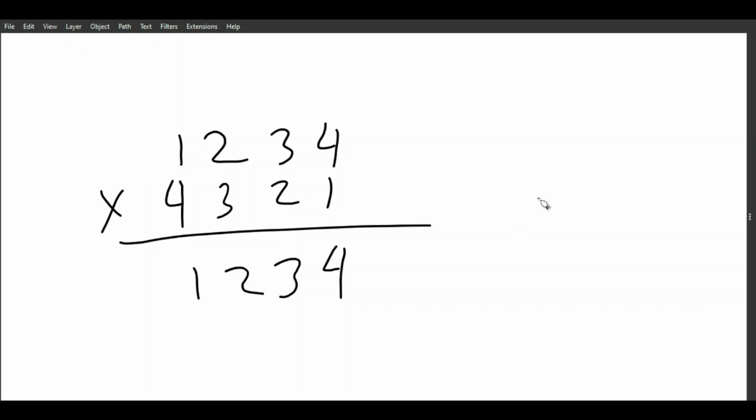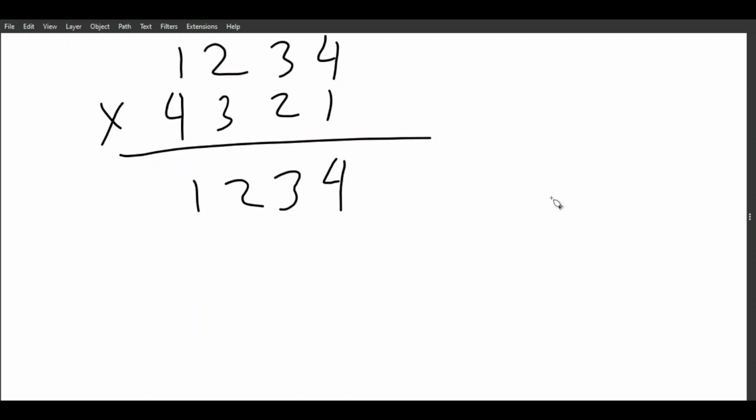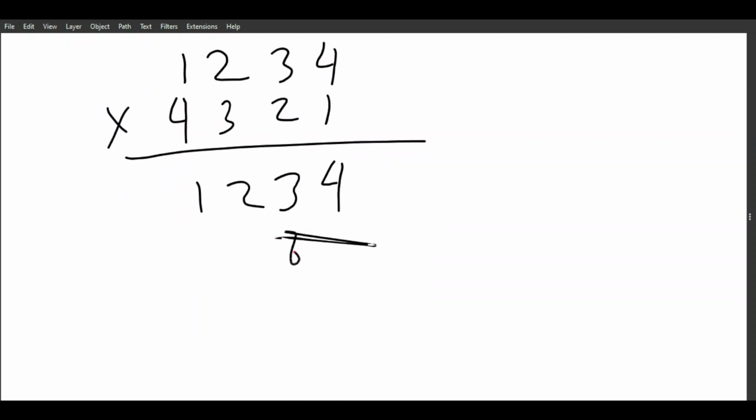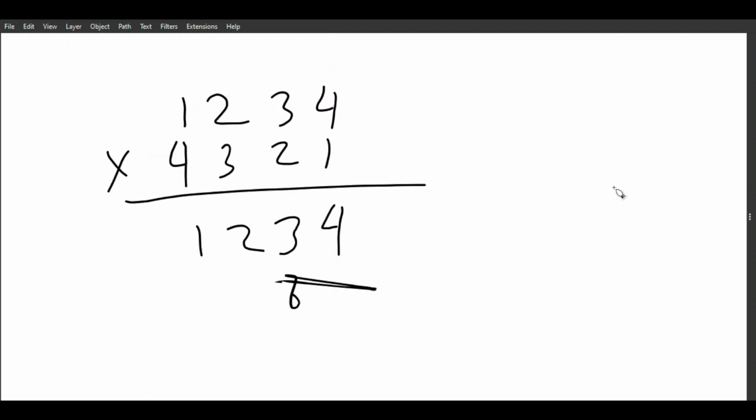Next, shift left and repeat the same. Now 2 is multiplied with 4, we get 8. Then 2 is multiplied by 3, we get 6. 2 is multiplied by 2, we get 4. 2 is multiplied by 1, we get 2. Then 3. 3 is multiplied by 4, we get 12.